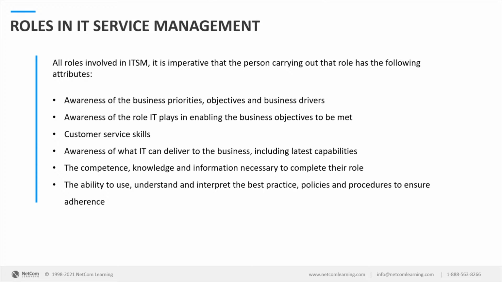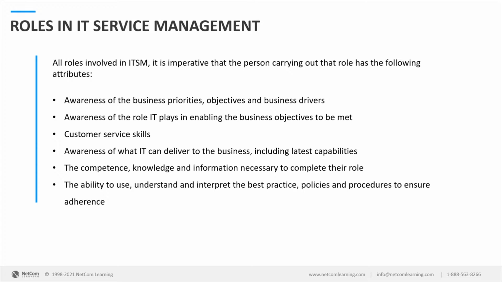Understand this, team, that I'm talking about people who are involved in IT service management, and we are expecting them to be aware of business priorities, because if you are not aware of your business priorities, you won't be in a position to go ahead and manage your IT services to meet the business expectations.